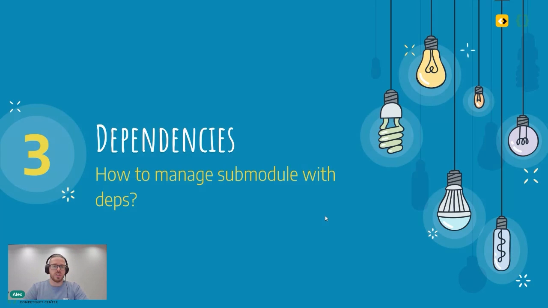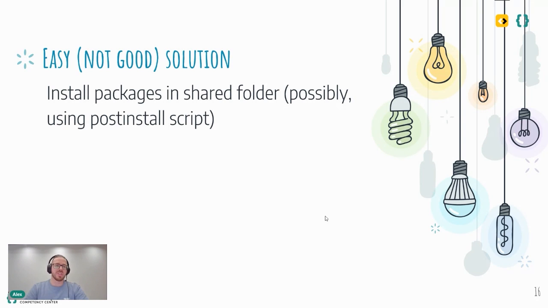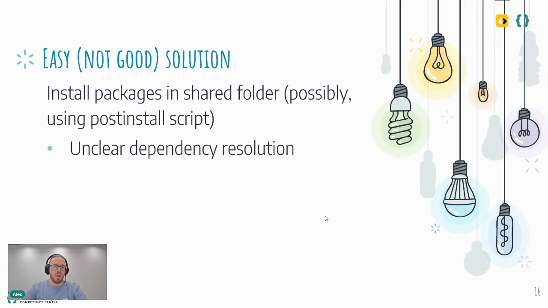And there is no simple answer right now for that. What I tried initially, for the sake of trying, was to just install packages in a shared folder. You could use a post-install script. But this is not a very good solution because you end up having two node_modules folders, one for your main repository and one for your submodule. And it's absolutely unclear dependency resolution.